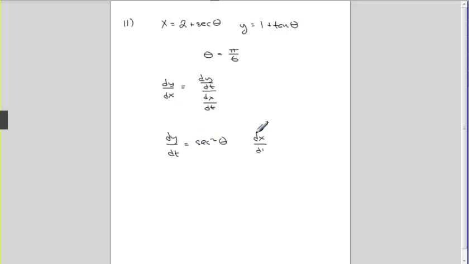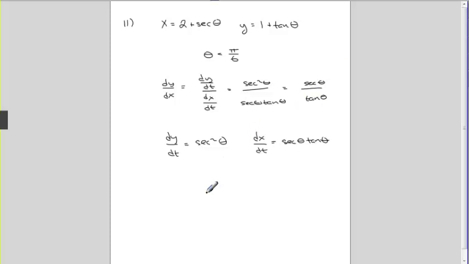And dx/dt, the derivative of the secant is secant tangent. So if we plug that in, we'll get secant squared theta divided by secant theta tangent theta. And at least one of the secants cancels out, so we get secant over tangent.